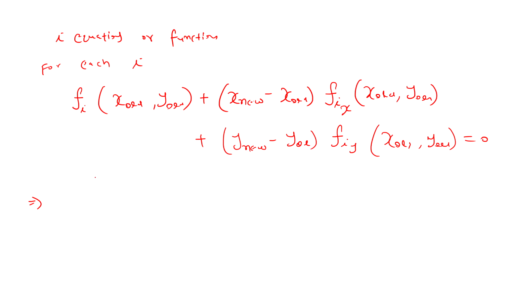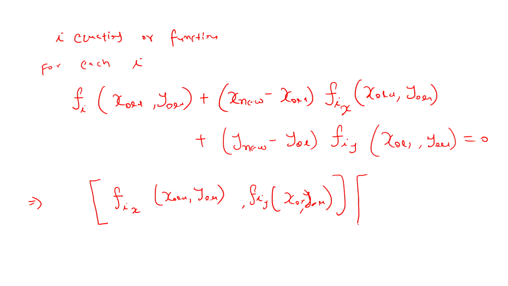a matrix which will have fix(x old, y old), fiy(x old, y old), multiplied by (x new - x old, y new - y old), is equal to f of I at (x old, y old).